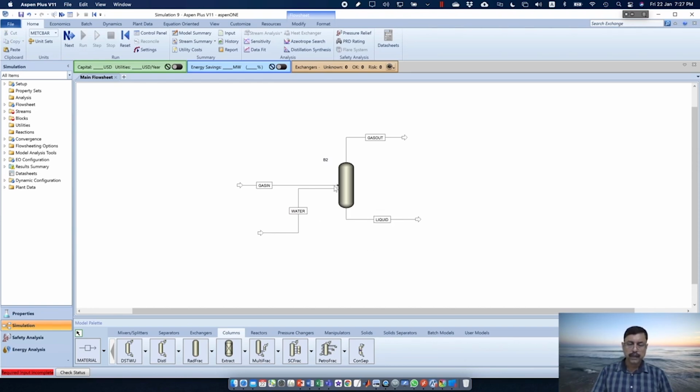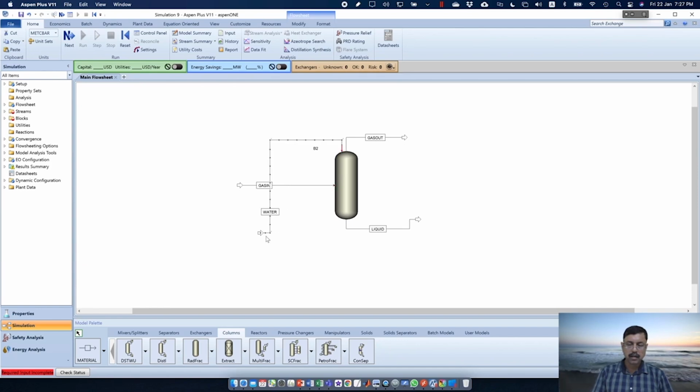So we will place this equation over here. This water, we will bring it over here, and gas in will pass from here.